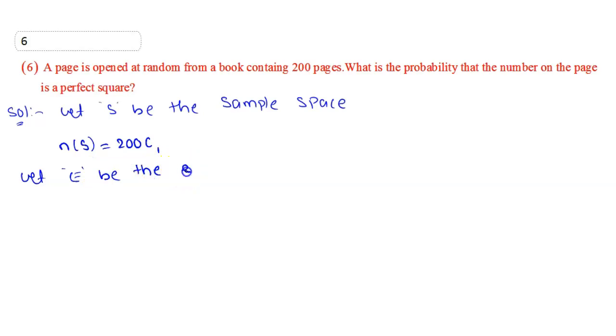Next I am writing, let E be the event that the page number is a perfect square.